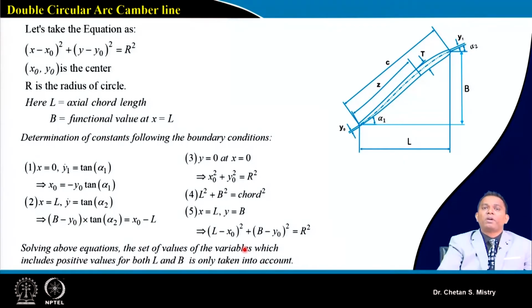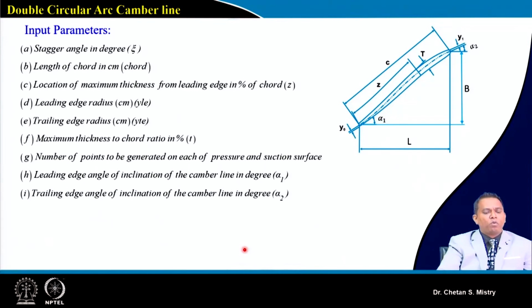Now there are different methods, people opt for different kinds of double circular arc camber line. This is one of the methods. One more method has been discussed, and we will see it. In order to develop this double circular arc camber line, in this case it is straightforward. We have 3 boundary conditions, and that is sufficient for us.